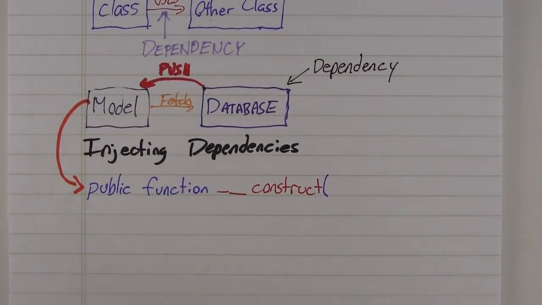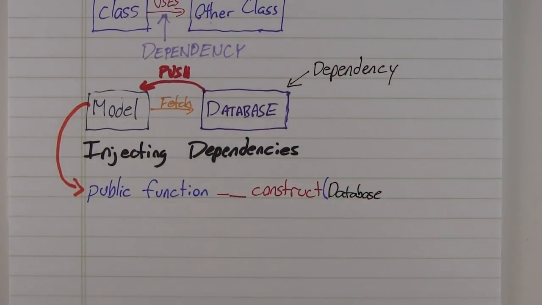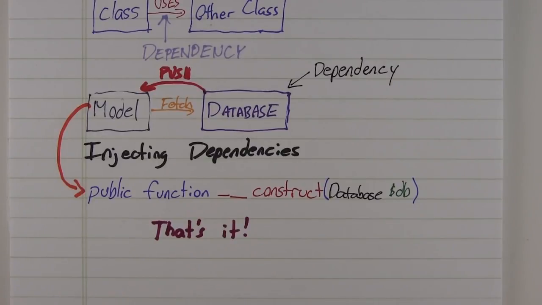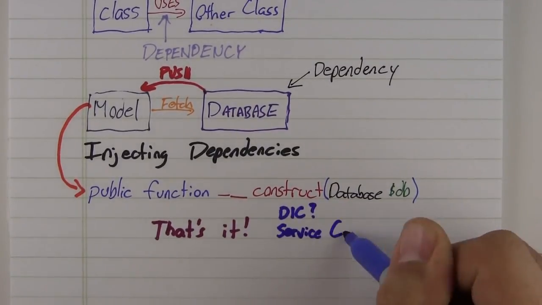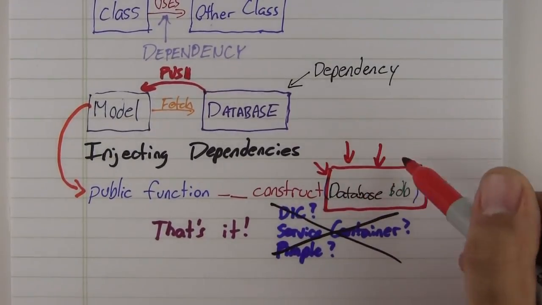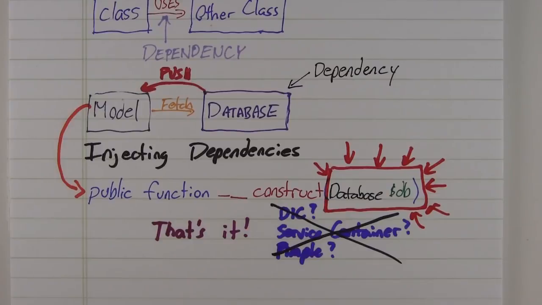Instead, take it as a constructor parameter or via a setter. That's really all there is to dependency injection. You don't need a fancy container or a class or an object to do it. Sure, they may make your life easier, but you don't need them.